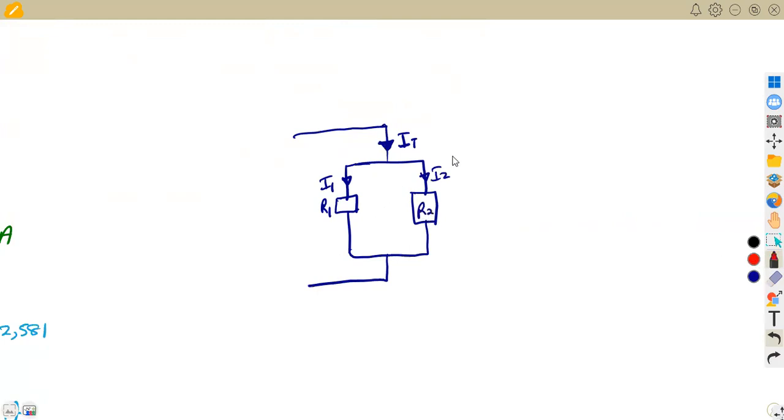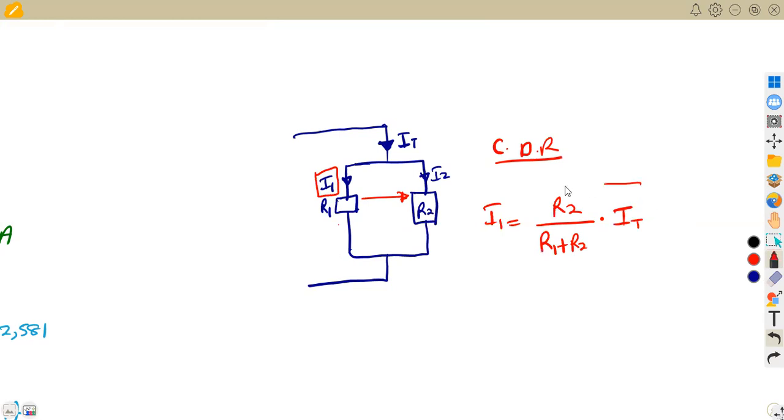The current divider rule states that if you want to calculate current 1, you use the opposite resistor, which is R2. So it is R2 over the sum of the resistors, R1 plus R2, times the total current. So that's how you can calculate I1.